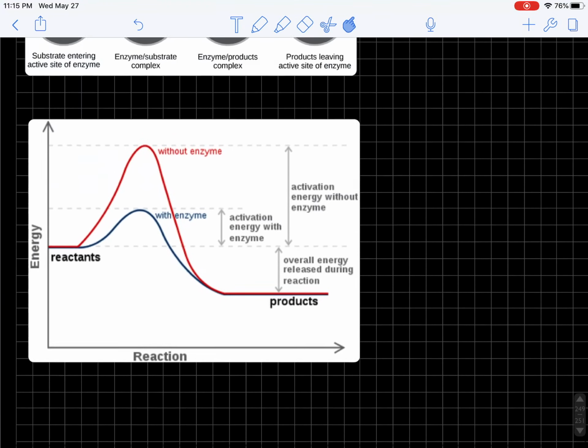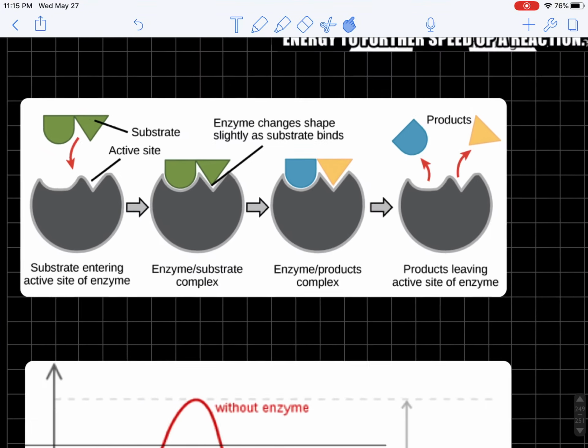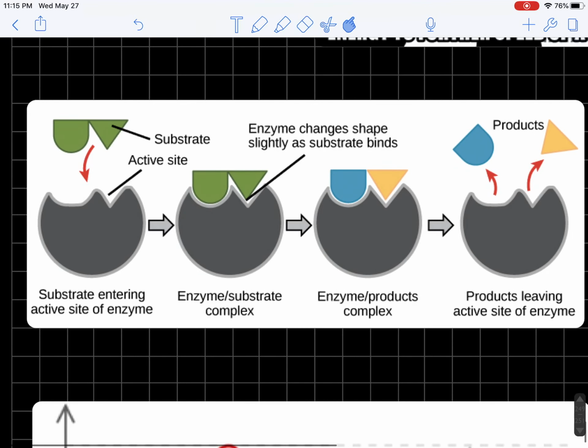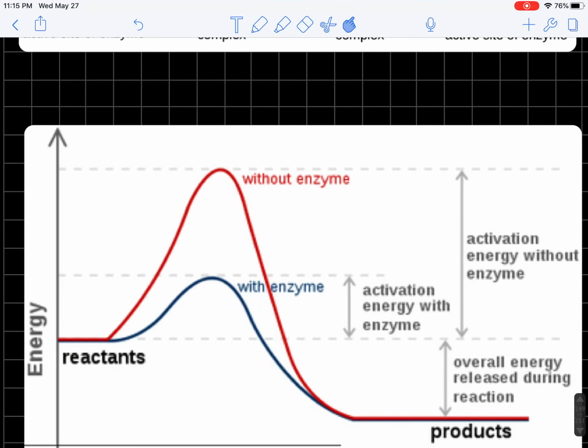All right, so again, reactants known as a substrate bind to the enzyme. That changes the substrate, it also changes the enzyme, and what we mean by that is induced fit, and that allows the reactants, in this case, to decompose and break apart and produce products.